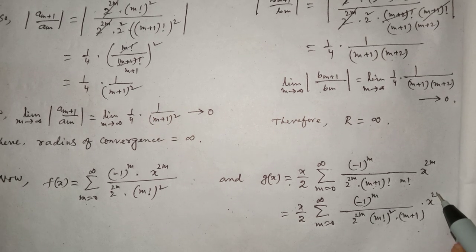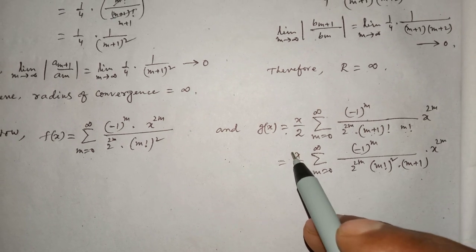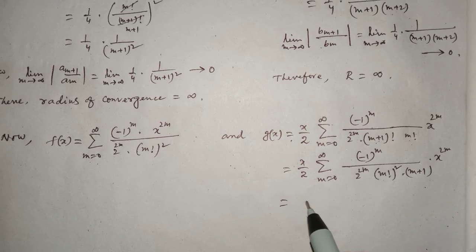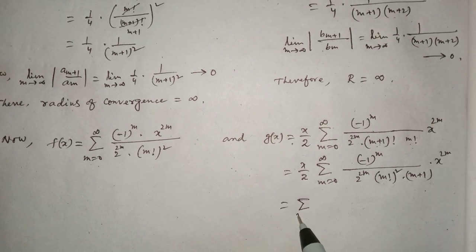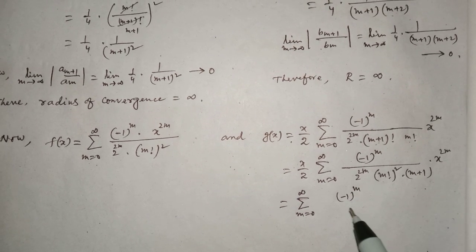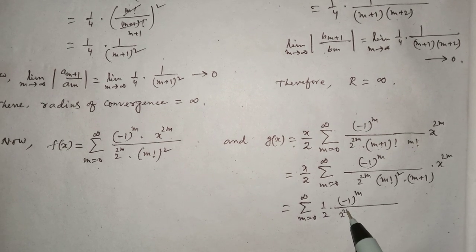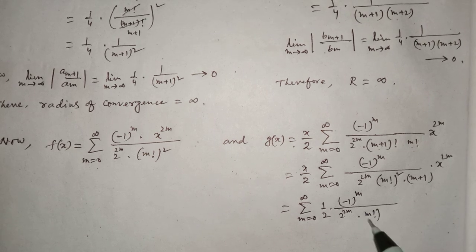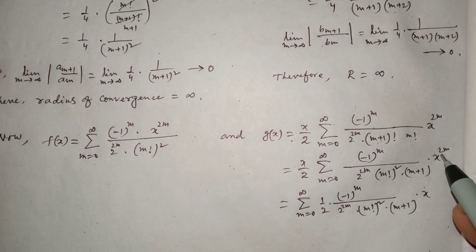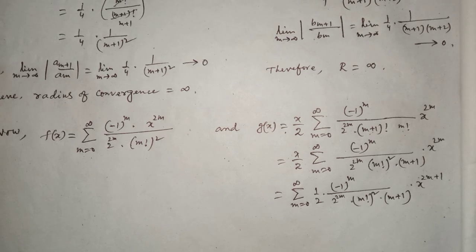Multiplying by x, we get summation m equal to 0 to infinity minus 1 whole to the power m by 2 to the power 2m into m factorial whole square into m plus 1, into x to the power 2m plus 1.